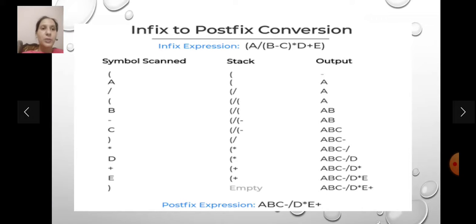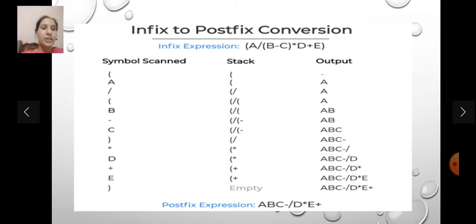When we enter the close bracket, the pop operation will be performed. First of all the minus sign will come out. Then in output we have abc minus, and in the stack the remaining is bracket, then divide. Then we input asterisk or multiplication, so in the stack we have a bracket, divide and multiplication sign.